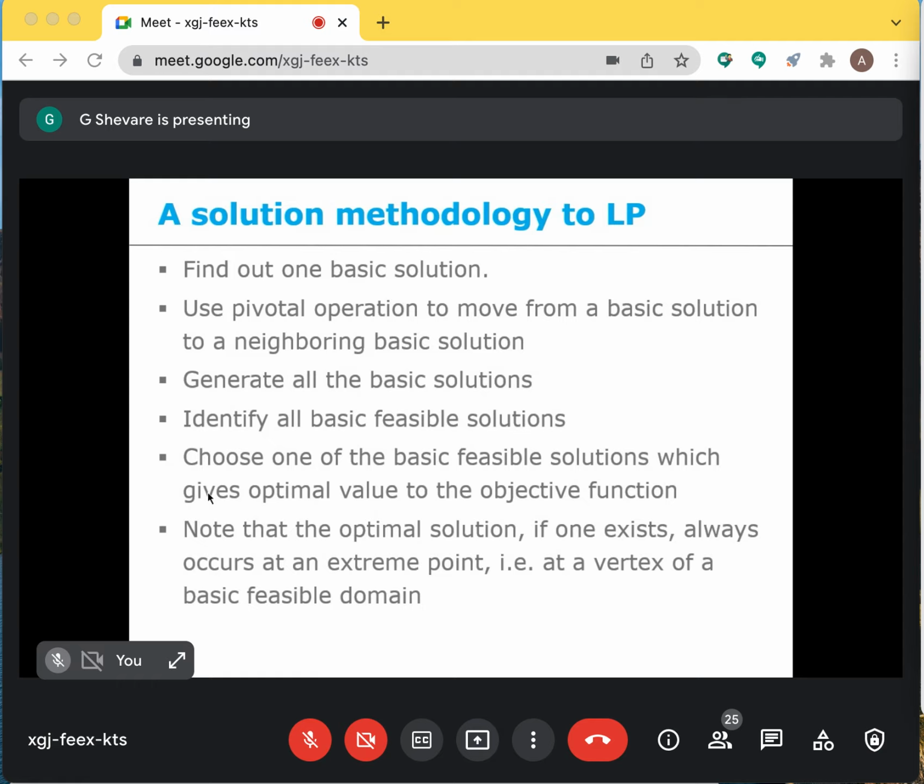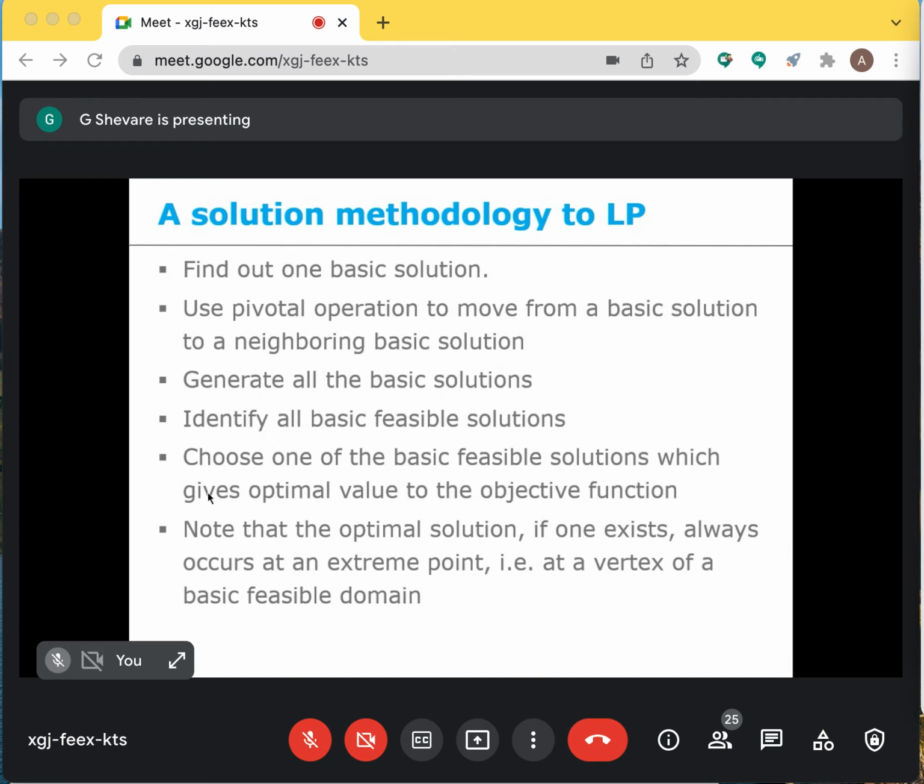Now, you take out one variable from the m basic variables and put it in the non-basic variables, and you take out one of the non-basic variables and include it in the basic variables. Find the solution to the problem again. And like that, you can keep doing it.